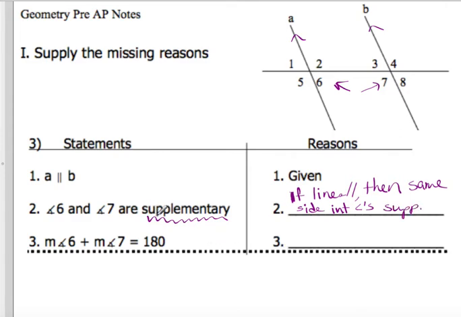And then we want to say they're going from supplementary to 180, and that's using the definition of supplementary angles, being that if they're supplementary, they will add to 180. So since this is just using the definition of supplementary, that's what we'll put for our reason. Definition, supplementary angles. So those three used the parallel lines that were given to you, and then you went from there.